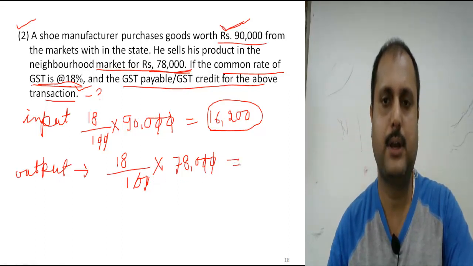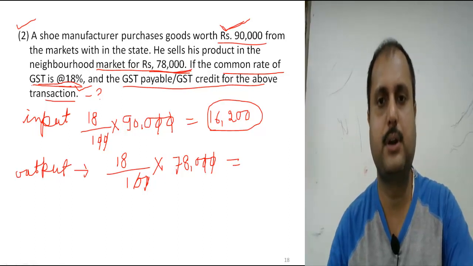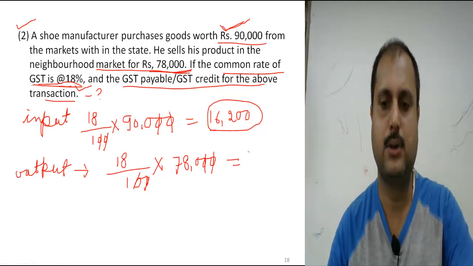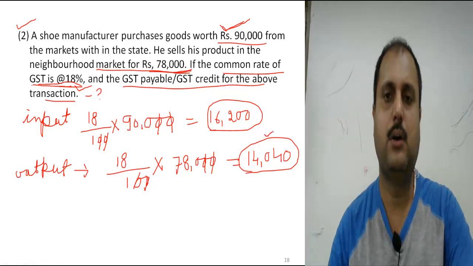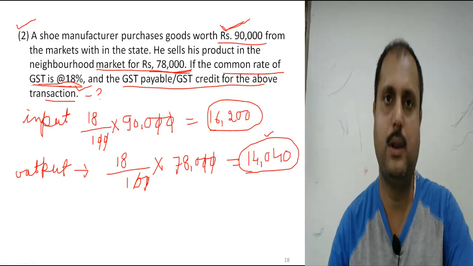Now 780 multiplied by 18, so the total amount will come 14,040. That would be the output GST. Now you can check whether output GST is more or less.